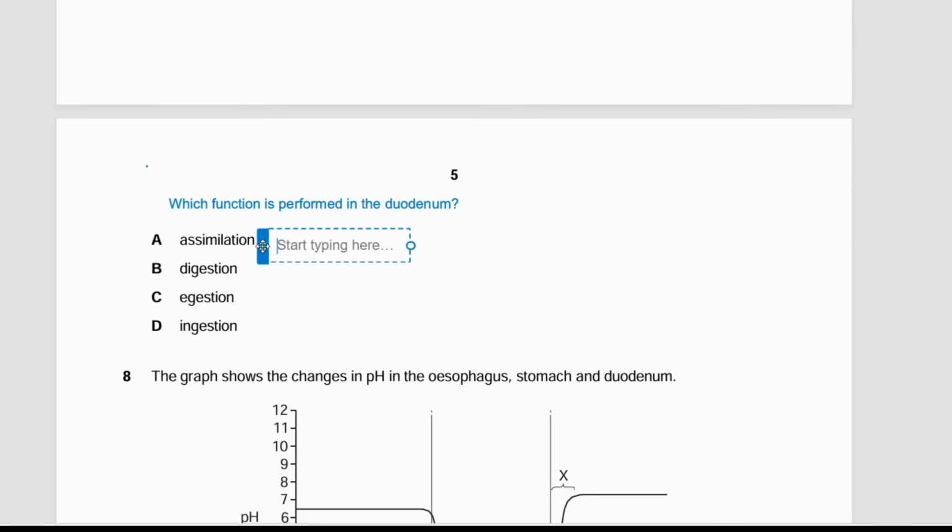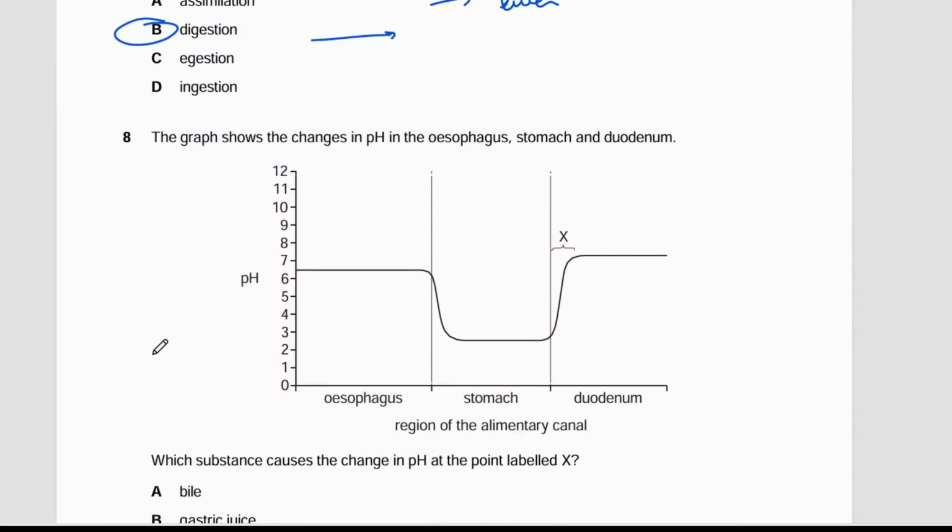It's to take up and recombine them, which basically happens in the liver. Okay. What is digestion? The breakdown. So yes, it happens in the first part where there are different enzymes, the pancreatic juice. So this can be the answer. Egestion is through the last part and ingestion is through the mouth. So duodenum, digestion.